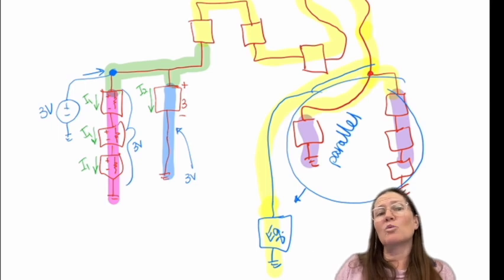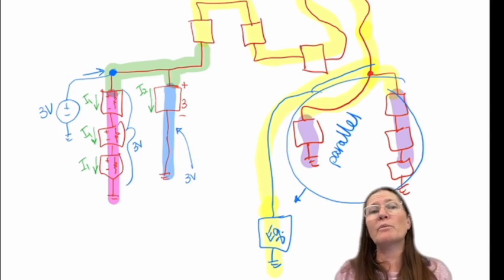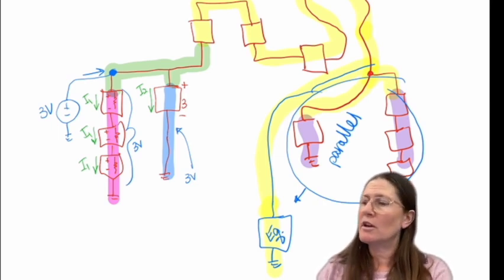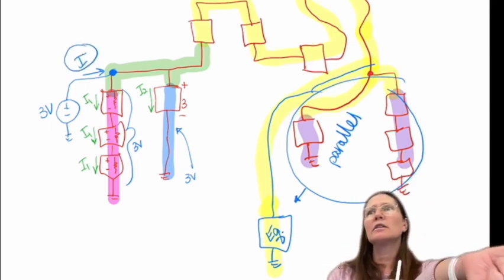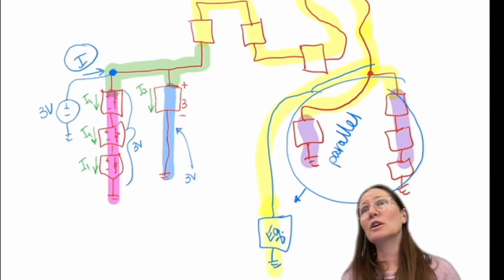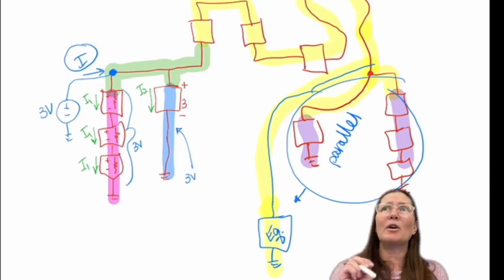And then that could be all one resistance, and you can find the current that way to all of them from that 3 volt source. And that would help you to get this current here, I. And then it could divide them out, and you could do a current division if you wanted. Does that help? Did you have a question?